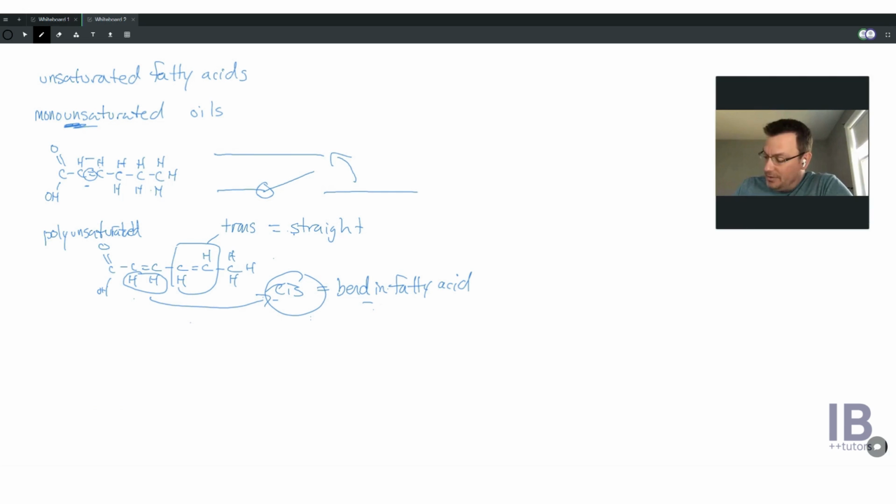So if you have a trans fat or a trans unsaturated fat, it then acts more like a saturated fat, which is part of the reason why they're poorer for our health. So we often hear about people talking about diets and healthy food, trying to eliminate trans fats, because trans aren't natural.